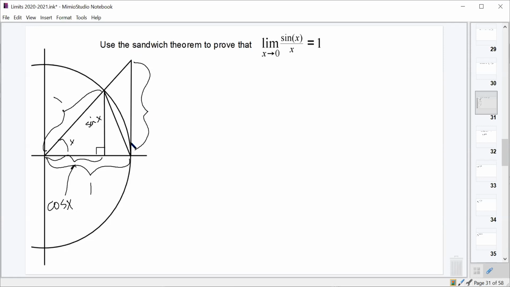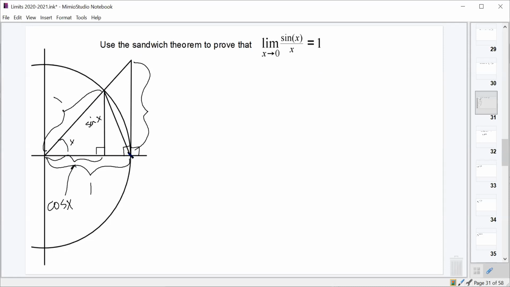What about this up here? What should that one be? If this angle is still x, and let's call this a right triangle again, right? This is a right triangle here. What trig function gives me opposite over adjacent?